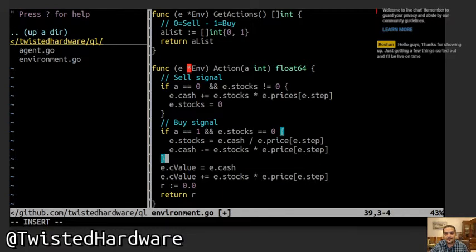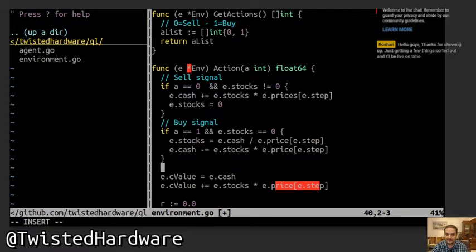And now once we have these two things, we know our current value. But before we take our current value, I need to keep my old value, so I will just create a variable in here called old value equals e.C value.